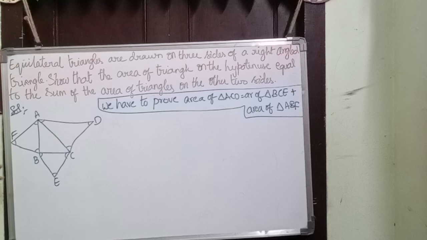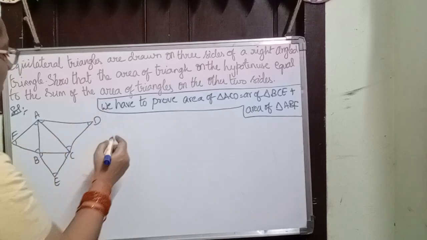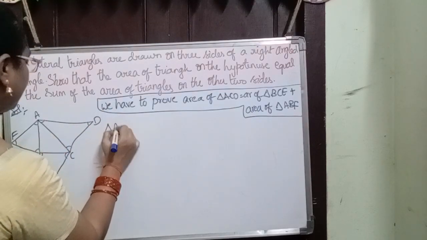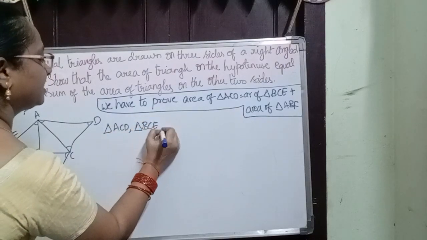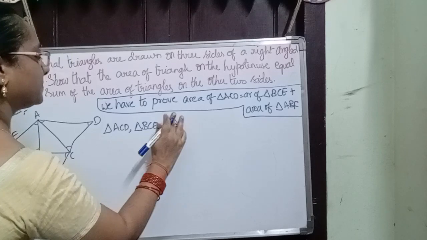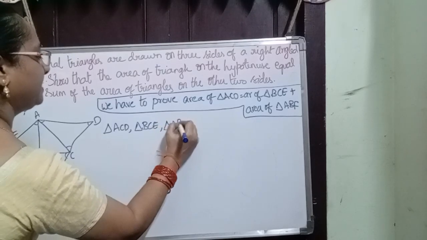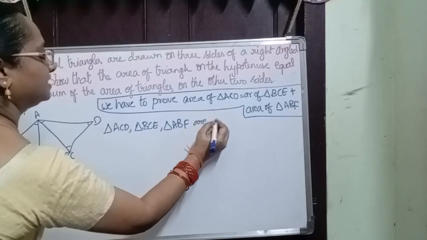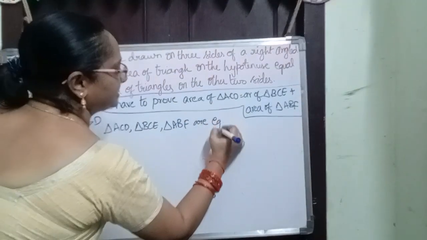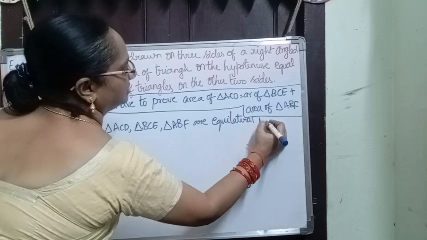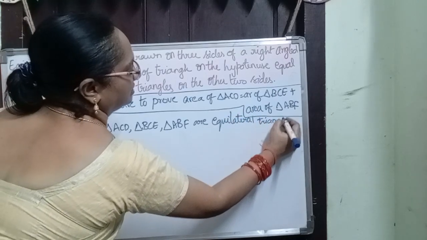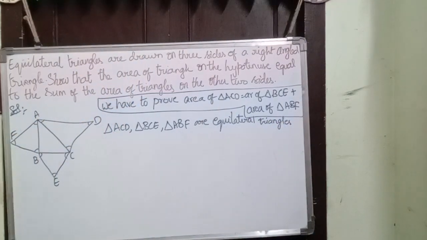Similarity of the triangles. Given triangle ACD, triangle BCE, triangle ABF are equilateral triangles.